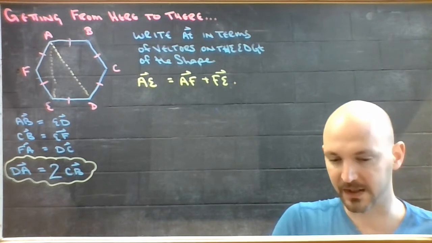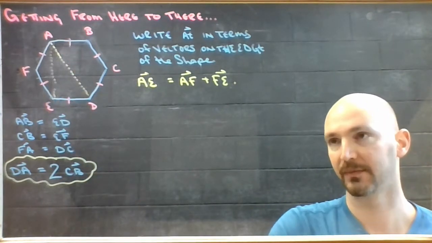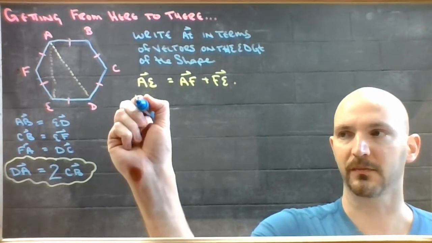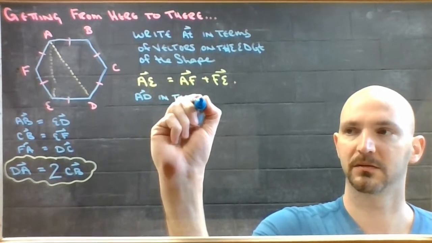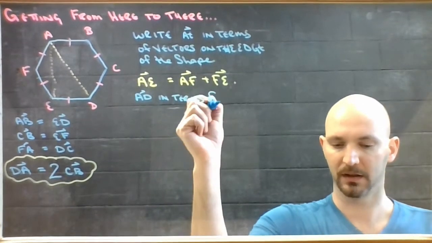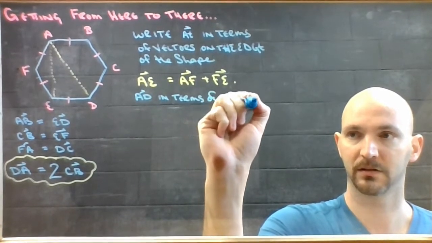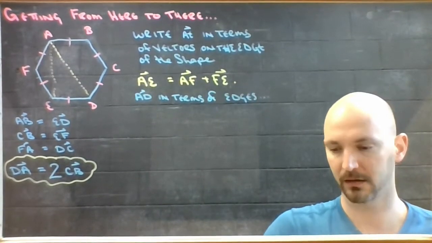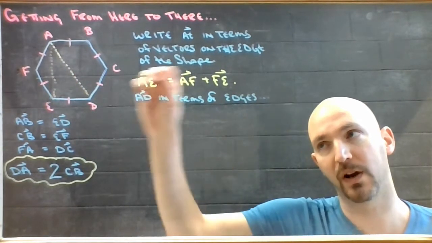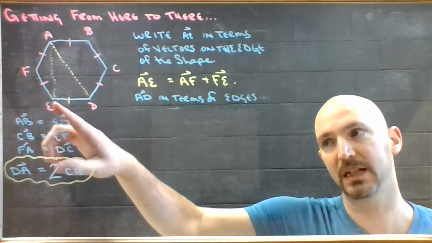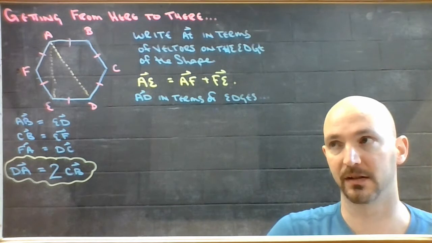So the next example that's in those notes is trying to write this vector, A to D, so AD in terms of edges. So if I'm trying to get from A to D, I could go from A to F, F to E, E to D, and I would have done so on the edge of the hexagon.